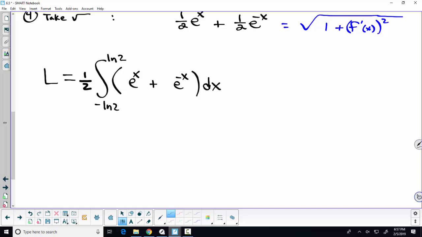Antiderivative of e to the x, e to the x. Antiderivative of e to the negative x. Yeah, negative e to the negative x. We're evaluating that from negative ln2 to ln2.